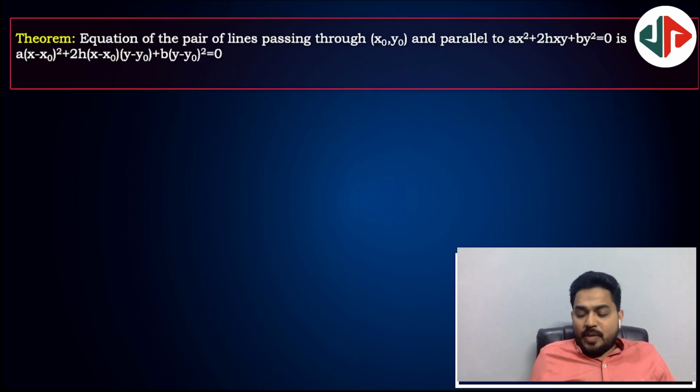Equation of the pair of lines passing through x naught, y naught and parallel to this. What is the value?